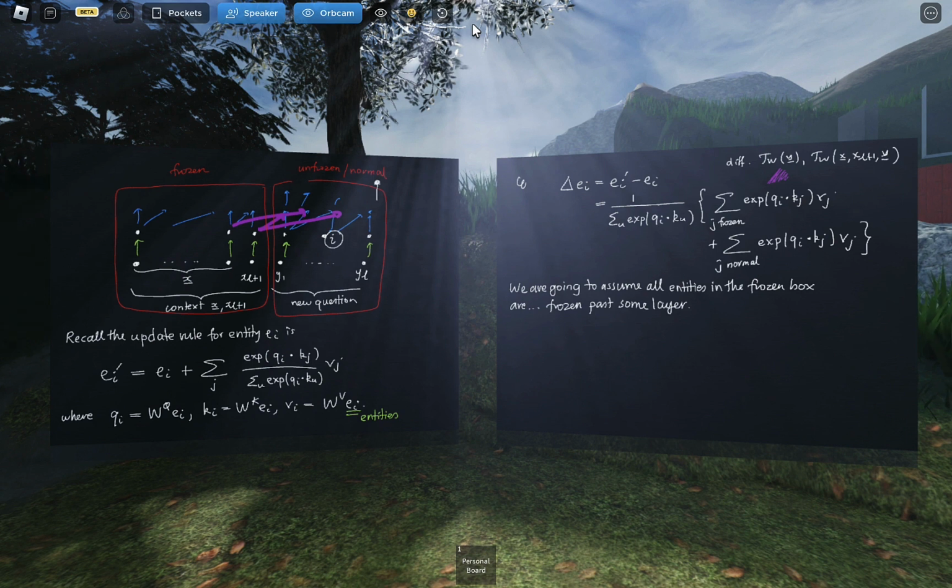Maybe near the bottom of that diagram we compute, but after some point, let's assume that the Ejs for j less than or equal to L plus 1 are fairly stable. They don't change much. In particular, that means the Vjs and Kjs for those entities don't change. They're frozen.